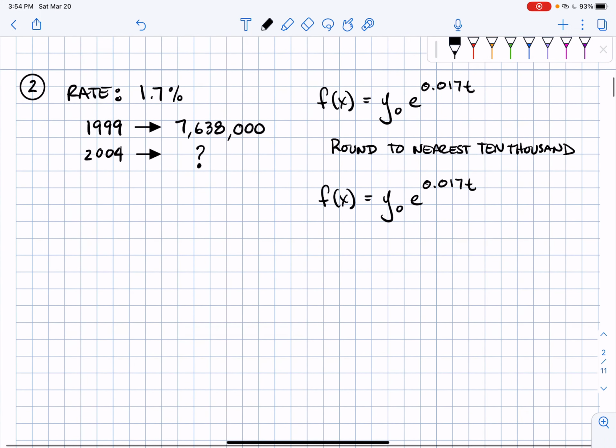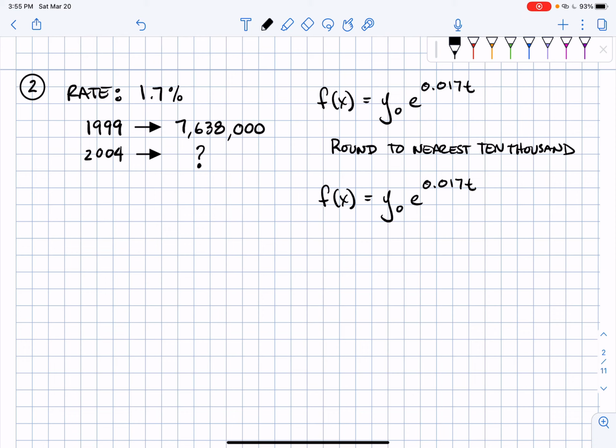All right, number 2. This tells me that a population is growing at the rate of 1.7%, and in 1999, it started out with 7,638,000 people, and it wants to know what the population is going to be in 2004.